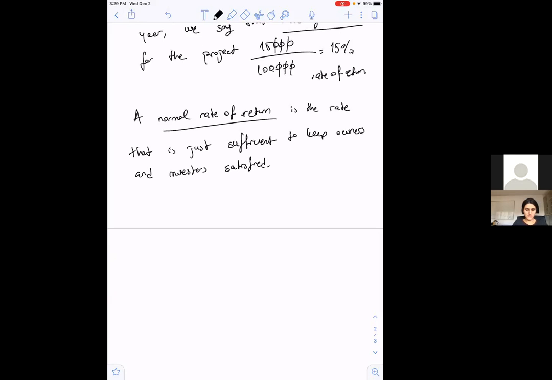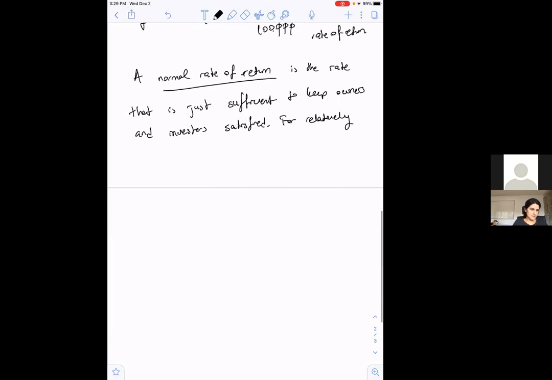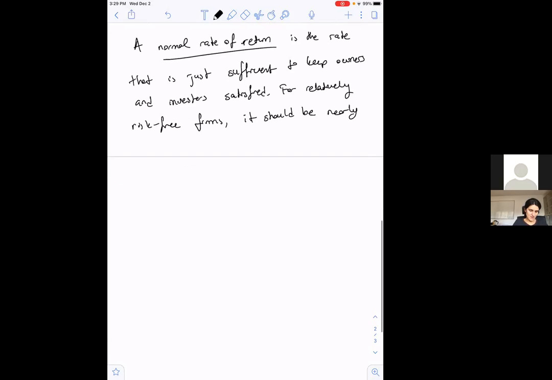For relatively risk-free firms, it should be nearly the same as the interest rate on risk-free government bonds.